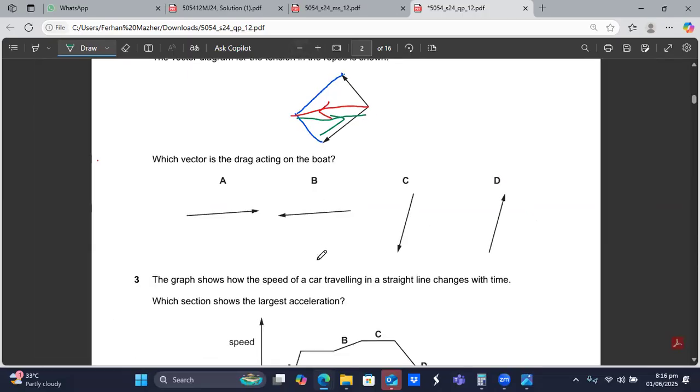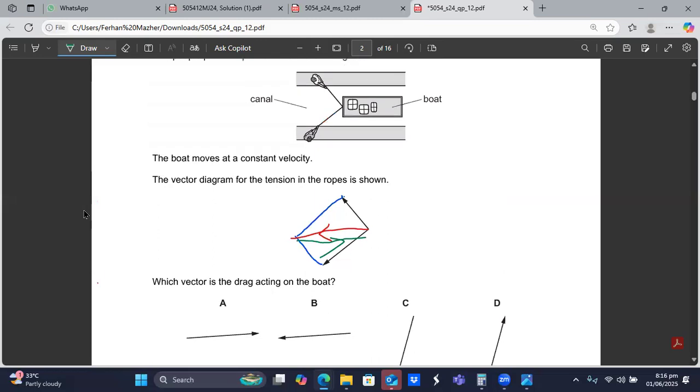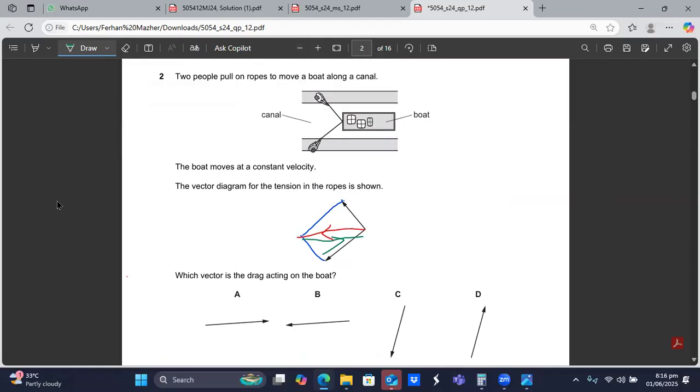Just forgive my drawing. This is a tricky question, a little tricky question. He did not just ask you to find the resultant force. He asked you to find the drag of the water.